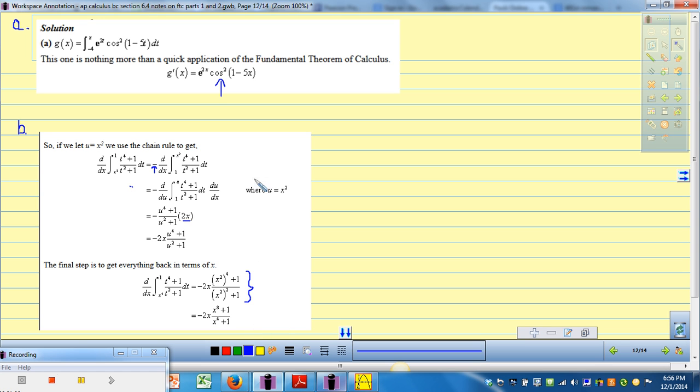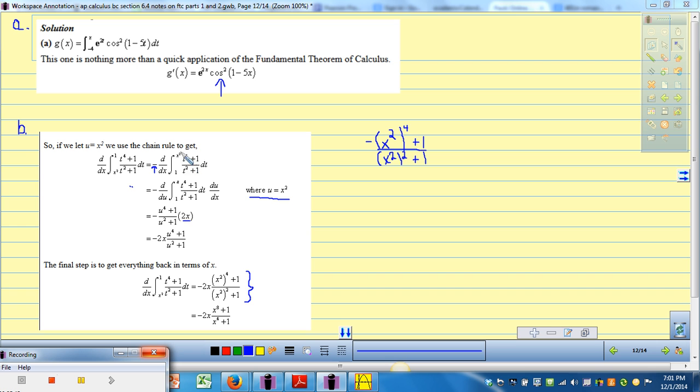You don't have to write out this u substitution, but if it's helpful, you can do it that way. I just tend to think about this as evaluating our function f of t at x squared. So that would get me our negative out in front, and x squared to the fourth plus 1 over x squared squared plus 1 with the negative out in front.